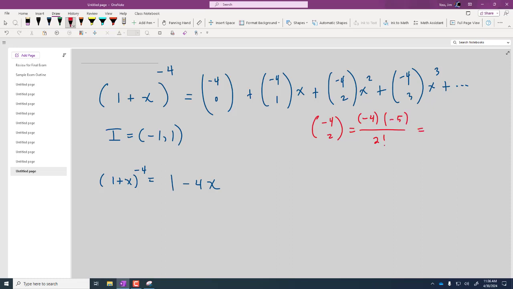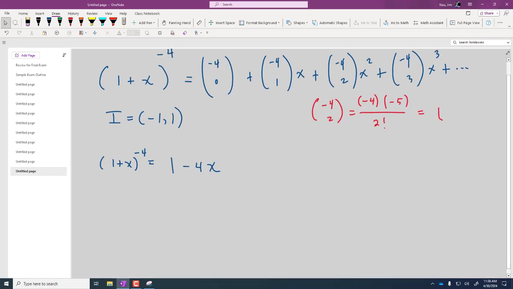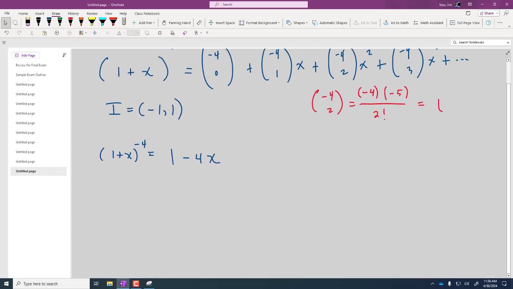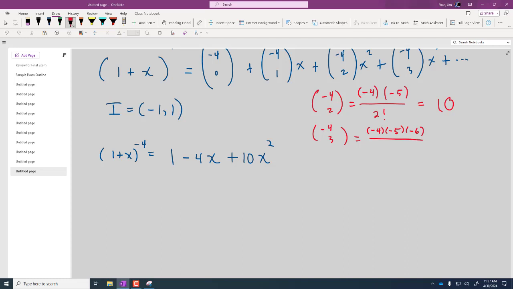So this is going to be 20 divided by 2, which is 10. So that's what this term is going to be: plus 10x squared. And then we do negative 4 choose 3. That's negative 4 multiplied by negative 5 multiplied by negative 6 over 3 factorial, which is 6.